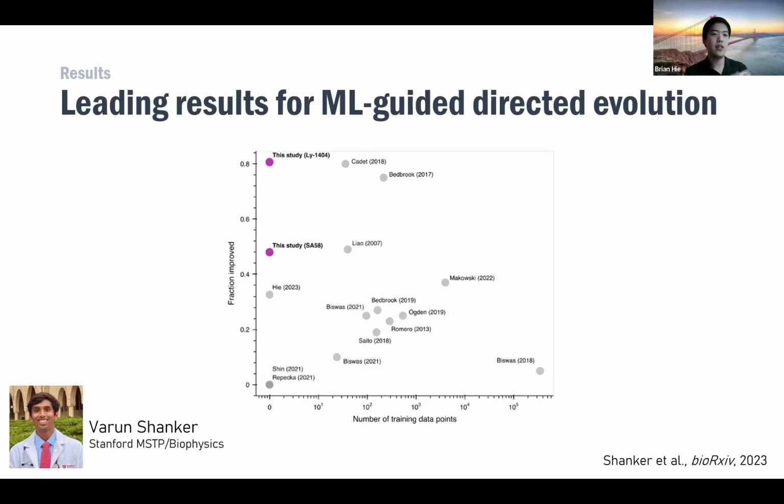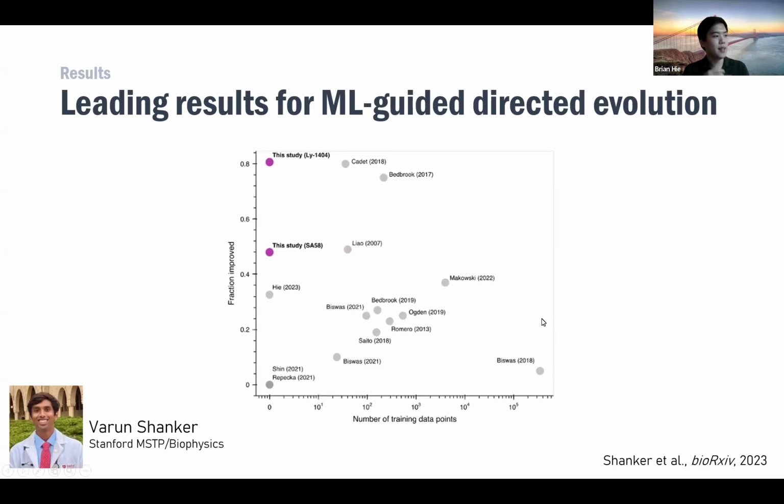In this case, you can use a pre-trained model directly, and it can be helpful for whatever task you're interested in. And then potentially, the data that you collect from the initial round that's guided by the unsupervised model can be used in future rounds of evolution as task-specific training data too.